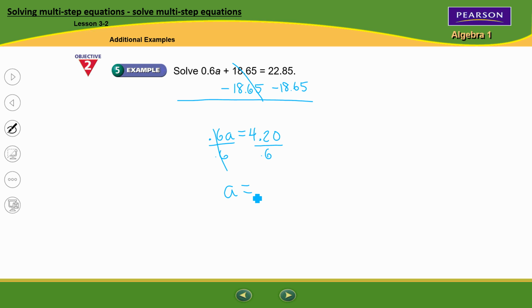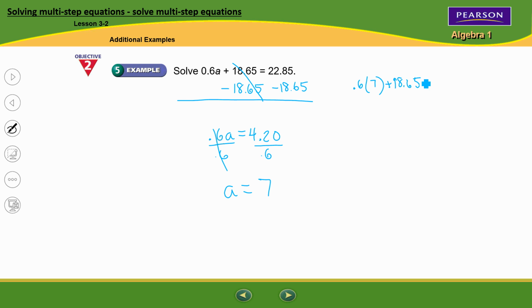A is going to equal, handy dandy calculator, 4.20 divided by 0.6. I'm not sure why I needed to do that, because it's actually kind of a simple answer, but lo and behold, it's 7.